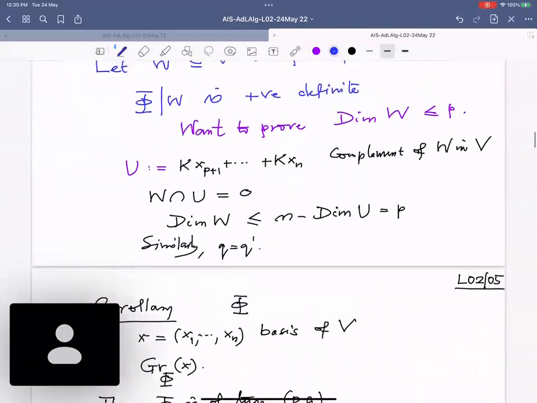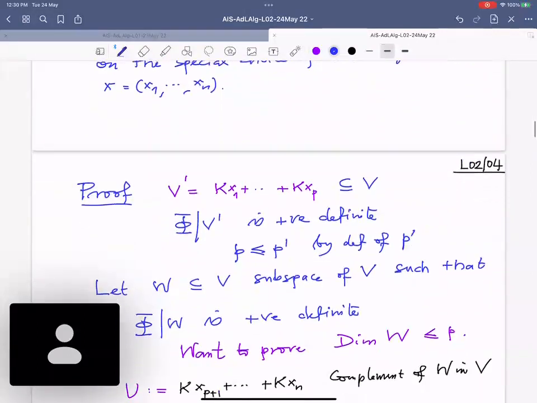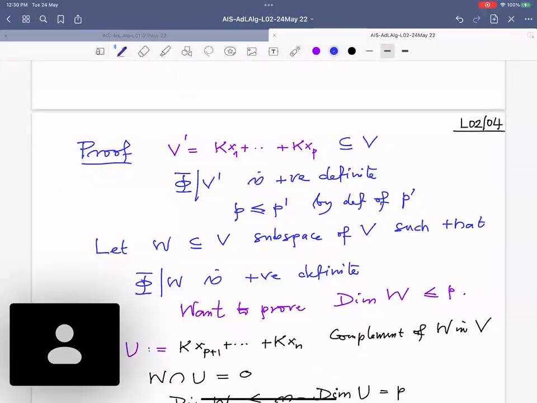Here we have taken a subspace W. In the proof, we have taken the subspace W. We don't know the dimension of W, but we have taken U, which is the complement of W, and we have taken U to be the subspace generated out of xp plus 1 to xn. Very good question, but think a minute.